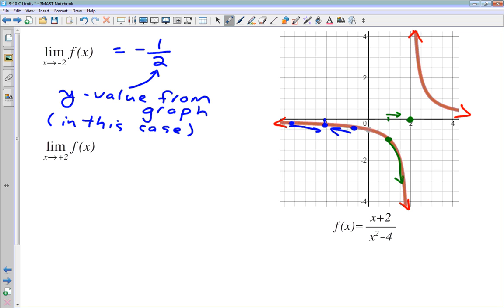If we go to larger values, from the right, we find a point on our function, start moving our x value towards +2, and follow along the curve like that. So are those two green arrows, which show what our function is doing as we approach +2, tending toward the same value?